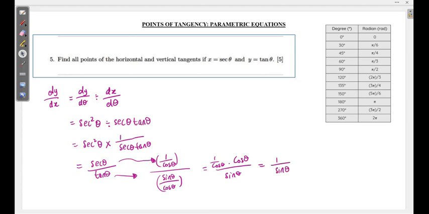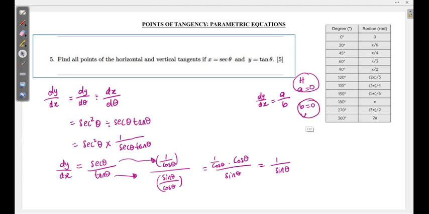Now it's best to always leave your dy over dx as a fraction. And since it's a fraction like this, and here you see that there's just 1, there's nothing. Remember we said that dy over dx, the derivative, will be equal to a over b. Now if your a is equal to 0, we're going to have a horizontal tangent, and if b is equal to 0, we're going to have a vertical tangent.